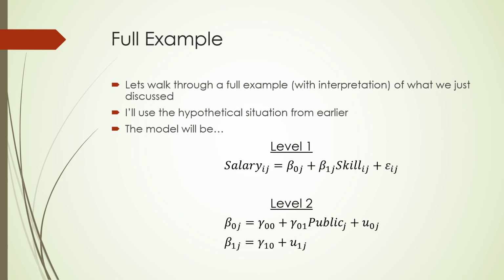I should note that public versus private at the intercept level isn't necessarily going to make the model predicting salary fit better, because the use of u0j allows the different companies to have their own intercepts already. However, I can test if that change in base pay is related to public versus private companies, and this lets me fit that in. Now, that's at a broad speaking level.